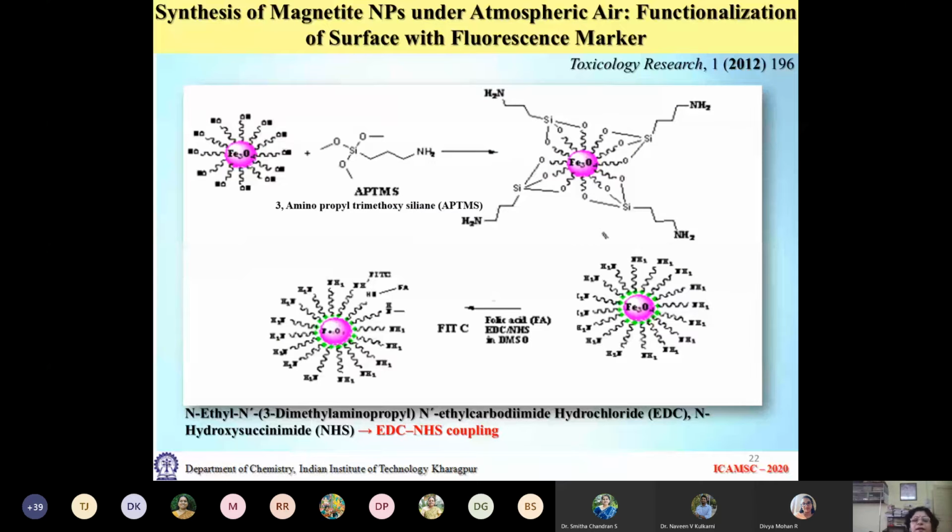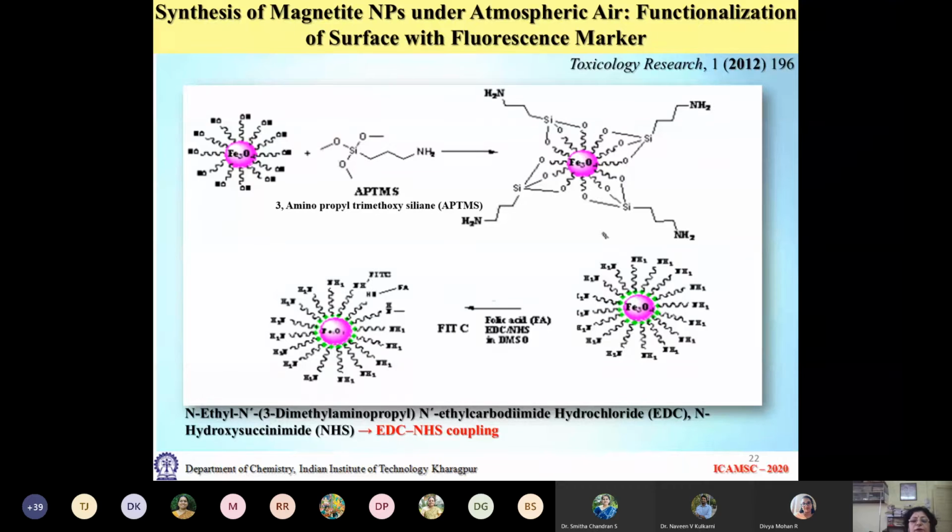You are getting the silane part, so you have the silane, and you have the amide moiety, and then you can attach the folate receptor, and through the EDC and NHS coupling, you get the final product, and this is again going to be reaching the target site, because even in breast cancer you have this folate receptor overexpressed, so you can have this delivered to a breast cancer site.